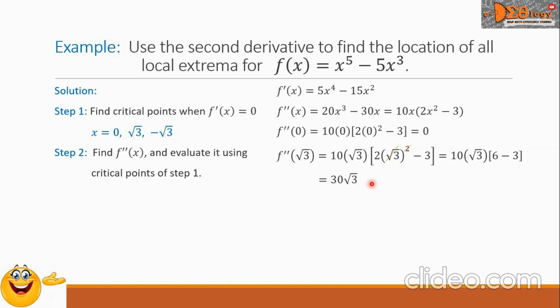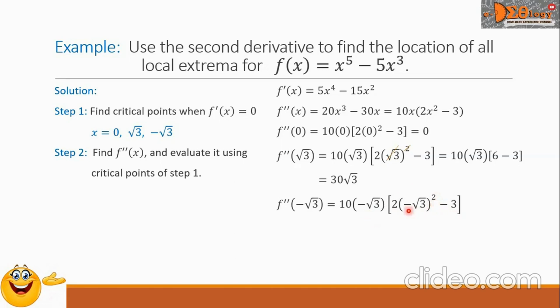Next, let us evaluate f double prime of negative square root of 3. This is equal to 10 times negative square root of 3 times the quantity 2 times the square of negative square root of 3, then minus 3. We can simplify the expression by cancelling the radical and the power 2.